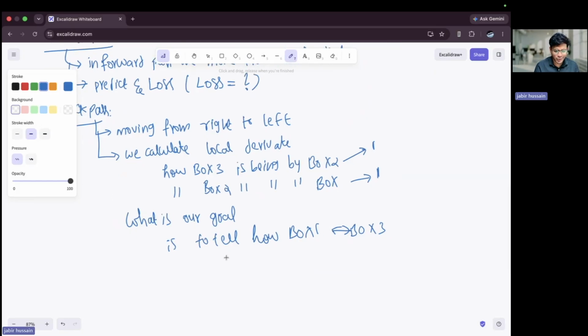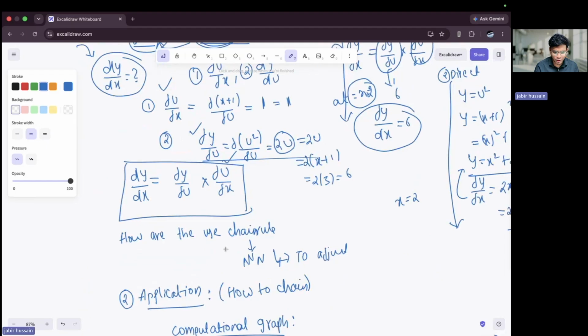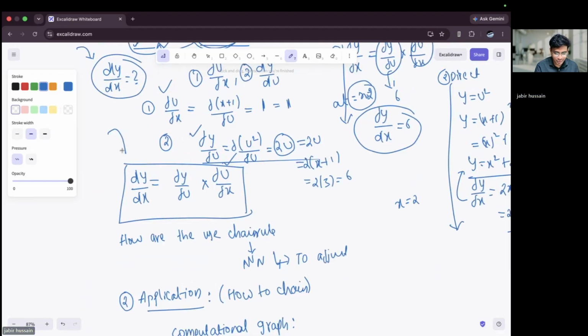If I go back to our old concept, we have y connected with u connected with x, and we want to tell how y is impacting x. That is our goal. But we know we can't directly tell. That's why we calculate the local differentiations, take this and this, and multiply.